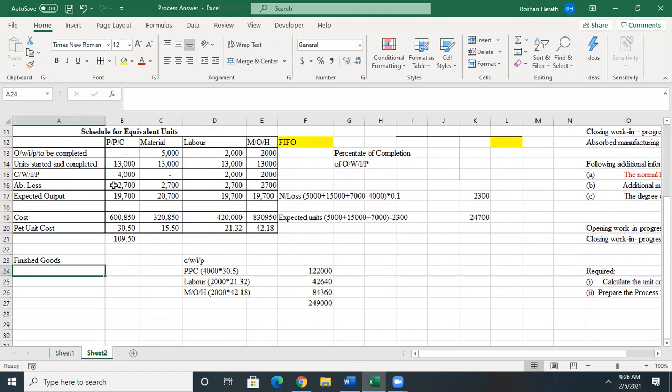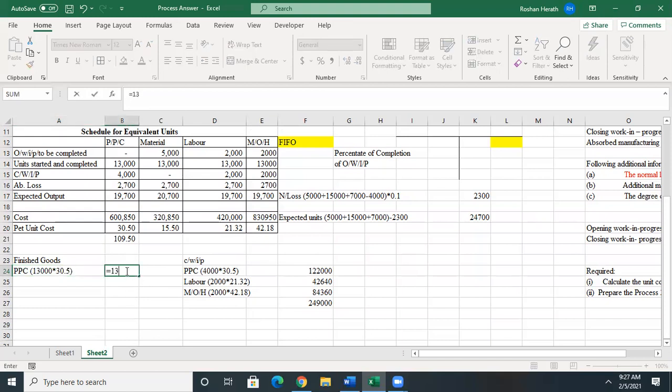When it comes to finished goods, with respect to the previous process cost, it's 13,000 units to be completed. That is what you have completed during the period, and that was at a cost of 30.5. 13,000 into 30.5. Then you have the material.